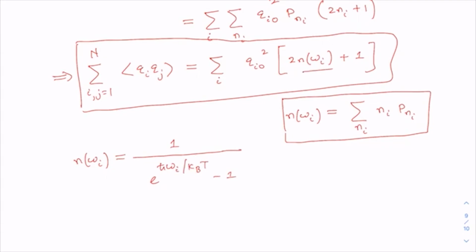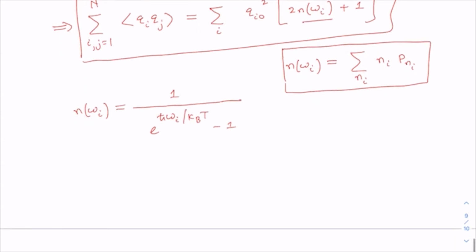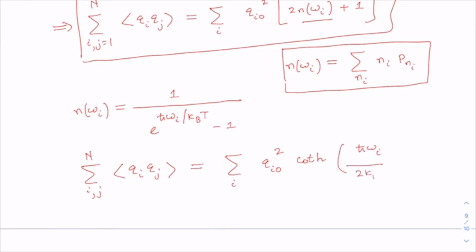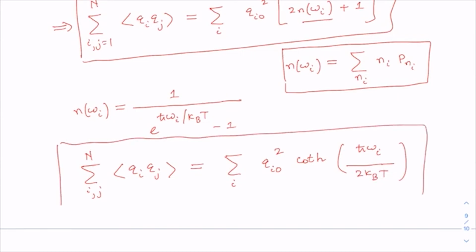If you put it here and do the analysis, the position correlation term will turn out very straightforwardly. You can work it out. I encourage you to do it, otherwise maybe we can do it in the problem solving session. It's just simple algebra. You will get coth of h cross omega i by twice kbt. Okay, so this is what we obtain.